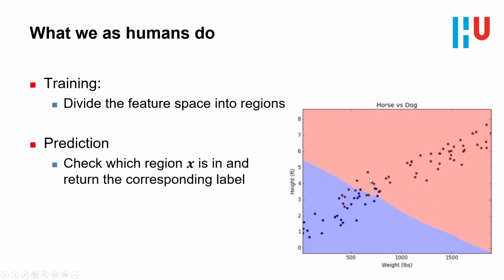Like, this seems all to be horses, and this is mostly dogs. That process we want to mimic with the computer. So basically, we want to make a model which predicts, if we put in a new data point, what is the most expected label?